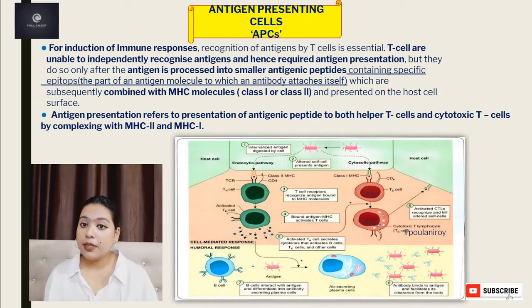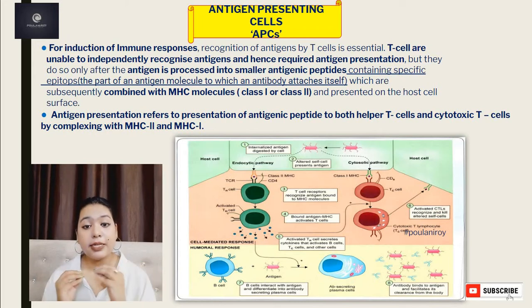But they do so after the antigen is processed into smaller antigenic peptides. The antigenic peptides are the particles of the antigen, which contain some specific epitopes. An epitope is the part of an antigen molecule to which the antibody attaches itself, the antibody that is produced by the B cell.